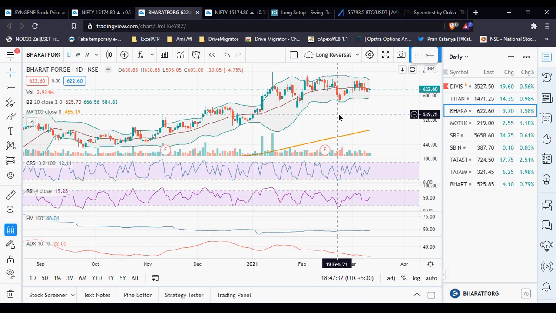Yeah, that's Bharat Forge. 583 is the low. However, the next candle is not green. We have a doji.